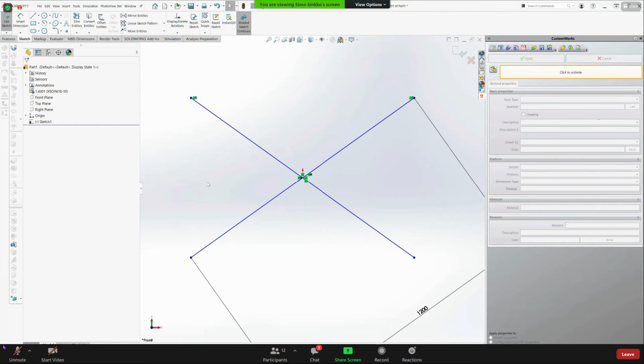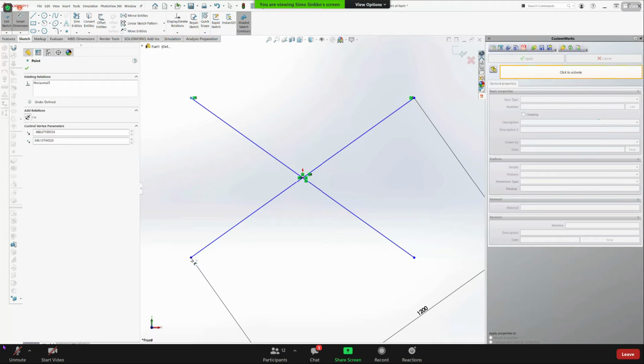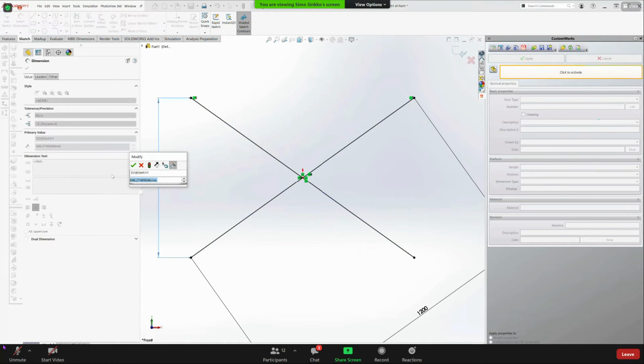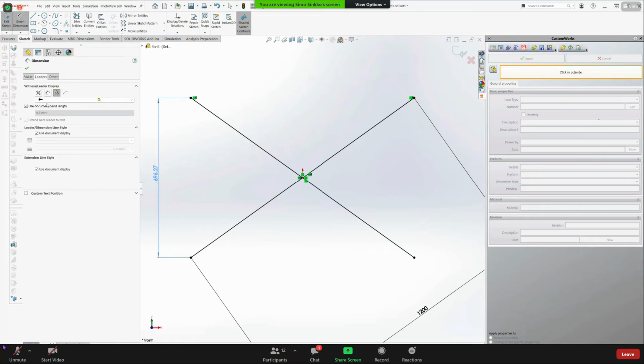Then I could give one dimension from this point to this point, which shows what the lifting height is. And instead of some number, I could say that this is driven, so that it is only informative. It's not locking the system.